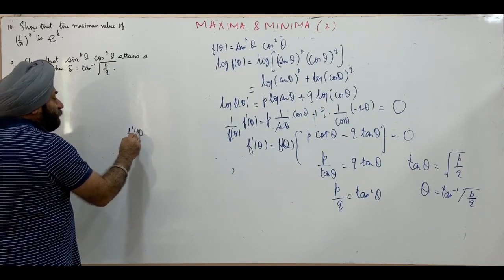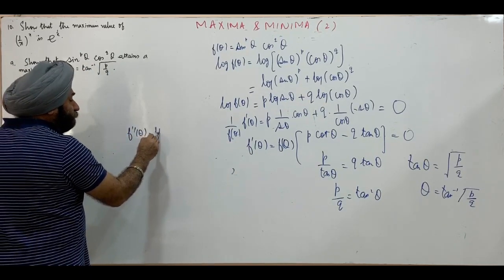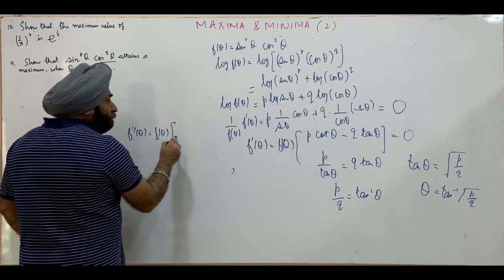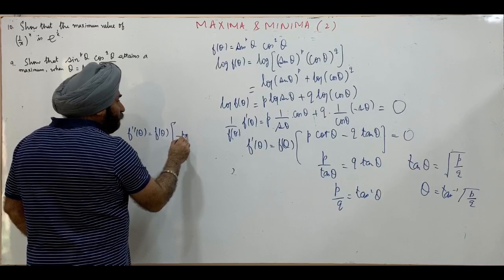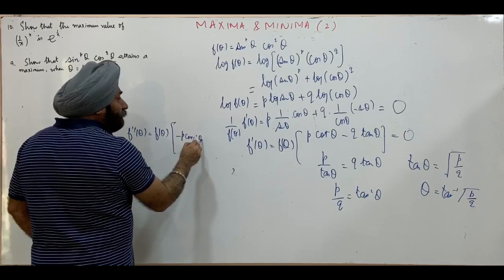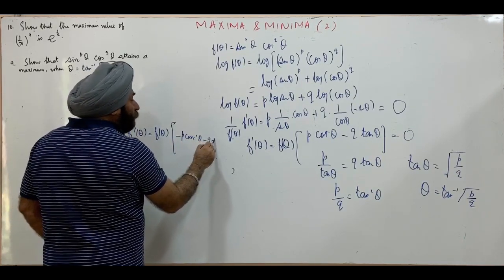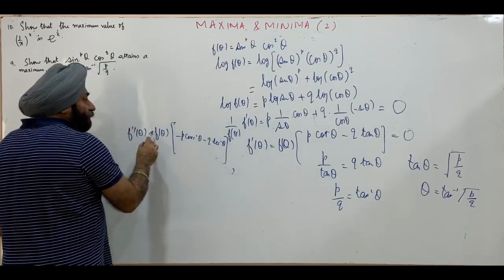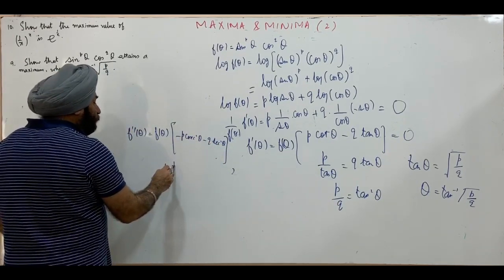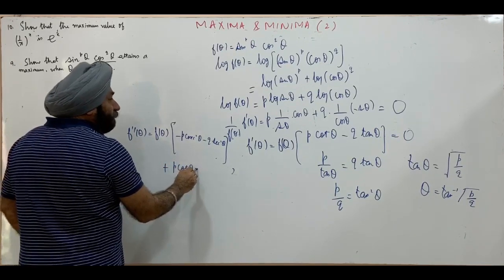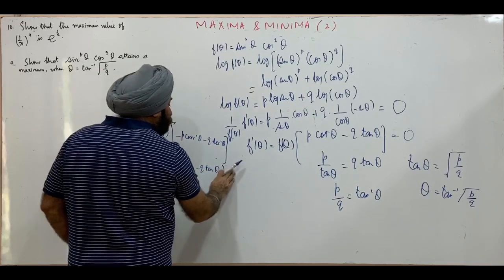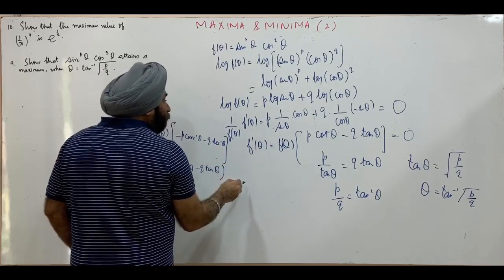Now f double dash theta will be first function into derivative of this. Derivative of cot theta is minus cosecant square theta, minus Q into secant square theta. First function into derivative of second plus second function, which is P cot theta minus Q tan theta, into derivative of first, f dash of theta.